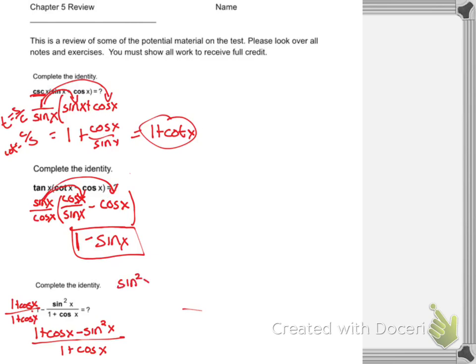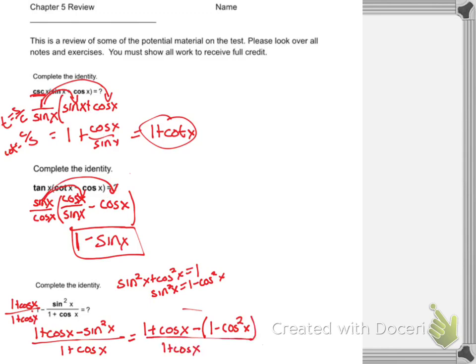Sine squared x plus cosine squared x equals 1. I'm going to solve that for sine squared, so that would give me sine squared x equals 1 minus cosine squared x. I'm able to substitute that in. So I have 1 plus cosine x minus, and I put in parentheses just for safety to make sure that I don't forget to distribute that negative, 1 minus cosine squared x, all over 1 plus cosine x.